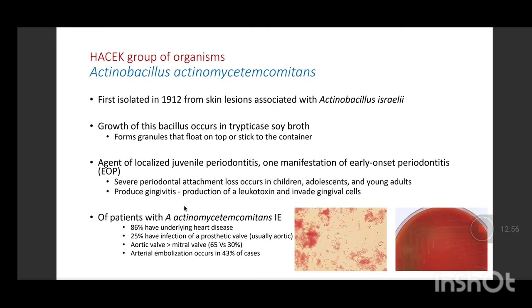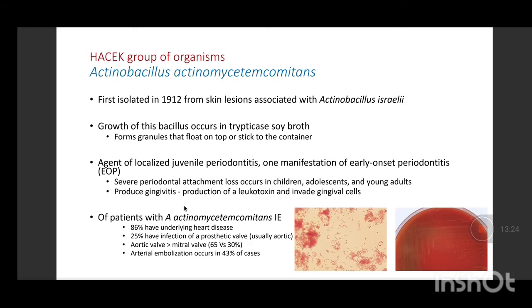The second species of the group is Actinobacillus actinomycetemcomitans. It was first isolated from a skin lesion. Actinomyces israelii, if you remember from your skin and soft tissue infections, is one of the common causes. So it is a species from a similar genus. It forms granules and floats at the top of the container.